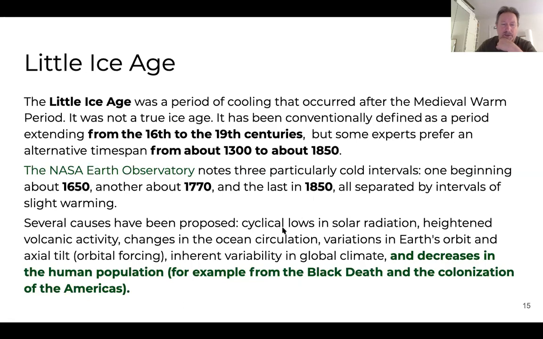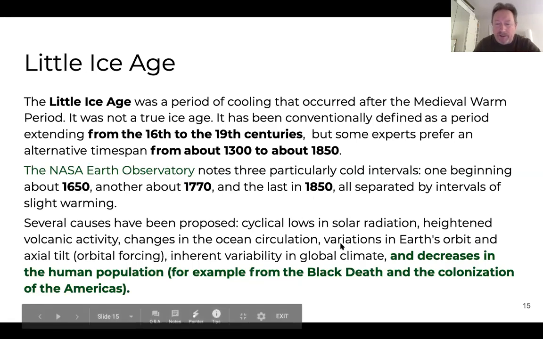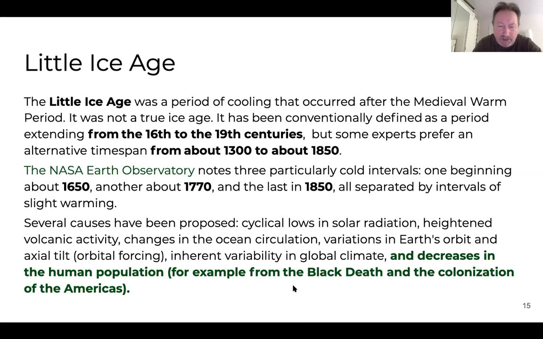Several causes have been proposed: cyclical lows in solar radiation, heightened volcanic activity, changes in ocean circulation, variation in Earth's orbit and axial tilt (orbital forcing), inherent variability in global climate, and decreases in the human population, for example from the Black Death and the colonization of the Americas.